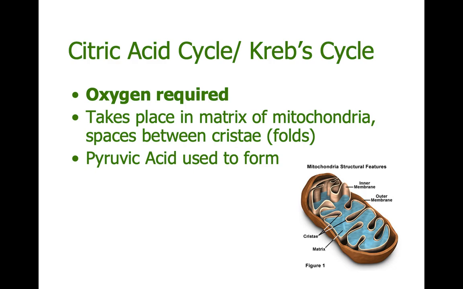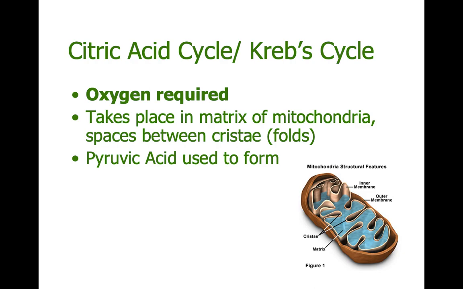What I mean by that is the citric acid cycle must have pyruvic acid for it to happen. Well, golly, isn't that wonderful? Glycolysis will supply the skeletal muscle fiber with the pyruvic acid necessary.